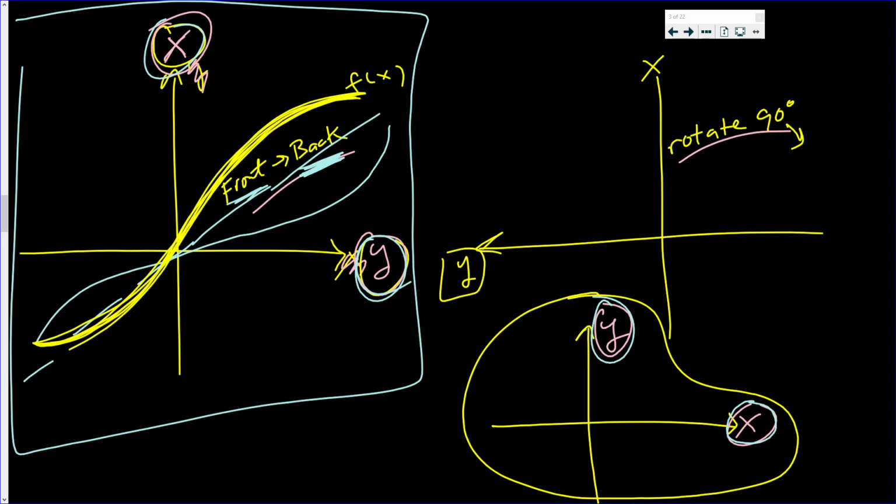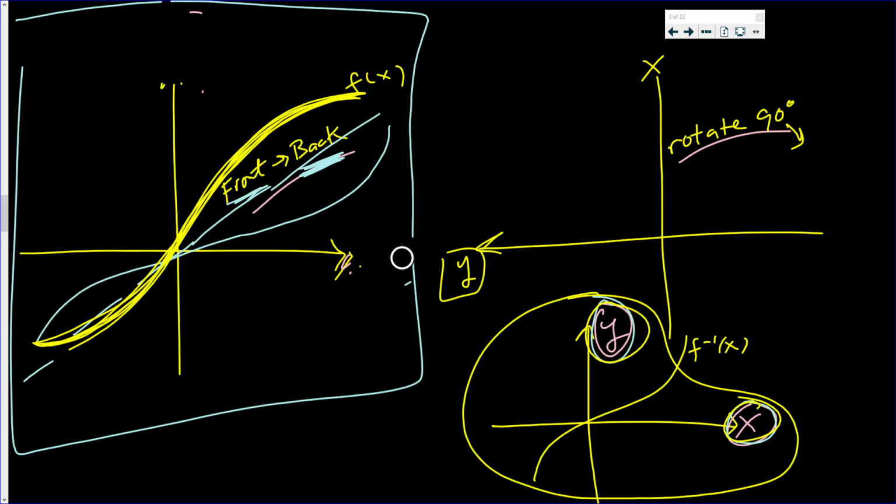And just rotate it so the new X is here and the new Y is there, and whatever you see, that's going to be the inverse. That's going to be f inverse of x. So you can see it 100%, and you can draw it on your homework paper, on your exam paper, and no way are you wrong, as long as it's a function.